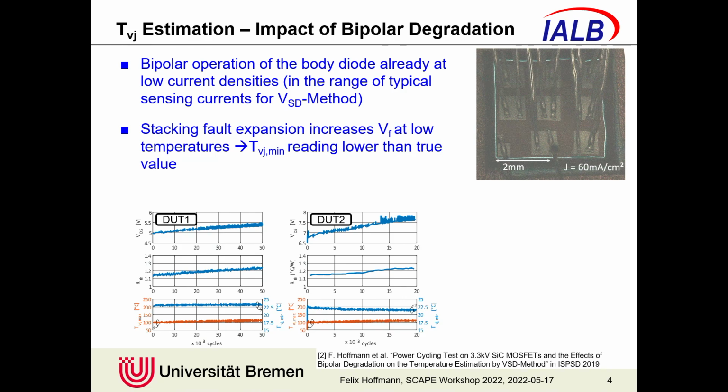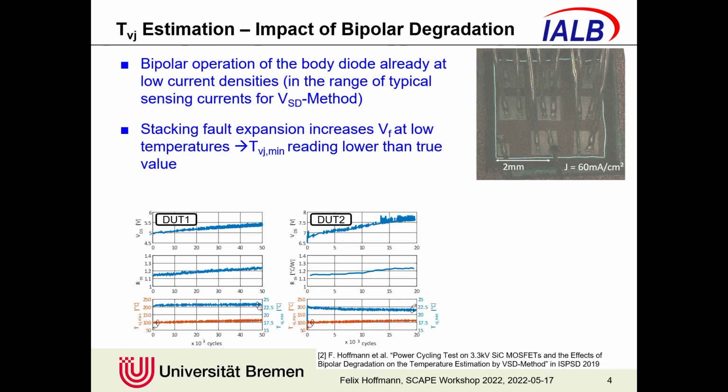If this occurs, then the stacking faults present in the bulk material or epi layer can expand and increase the forward voltage drop of the device, even at the low current density. Since this affects the device more when it is cool, it affects the minimum temperature reading rather than the maximum temperature reading.